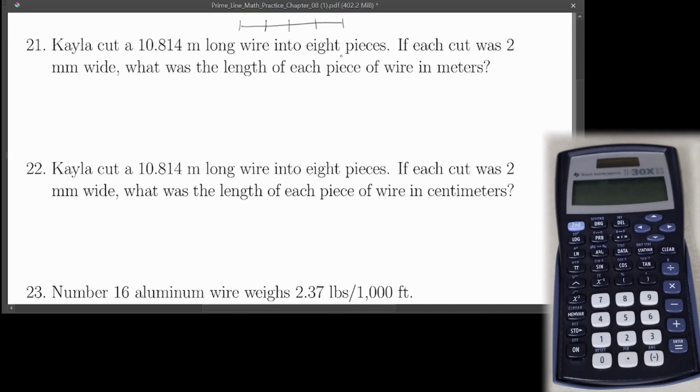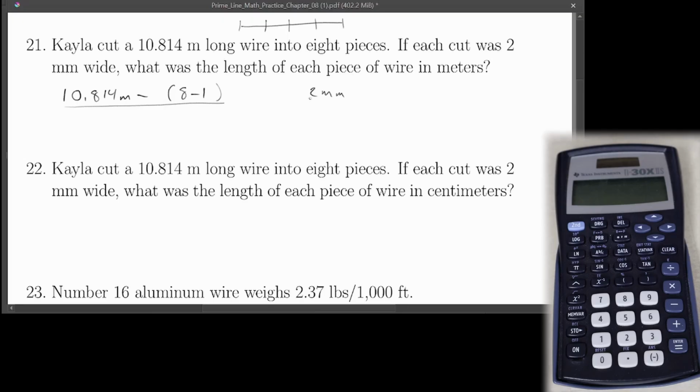So the number of cuts is going to be 1 less than the number of pieces. So we can take our 10.814 meters, and we can subtract the amount, the 2 millimeter kerf, and that value we'll put here in just a second. And we're going to multiply that by the number of pieces minus 1. So we need to convert our 2 millimeters into meters so we can do the subtraction.